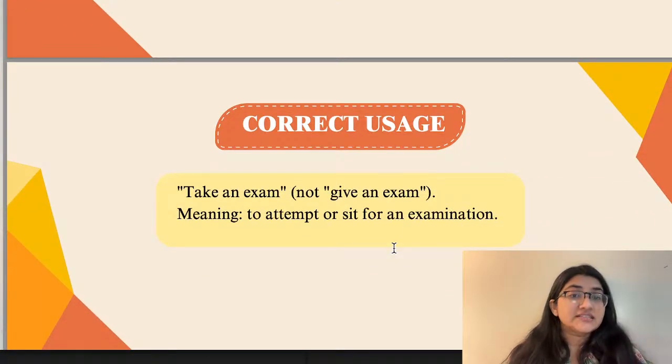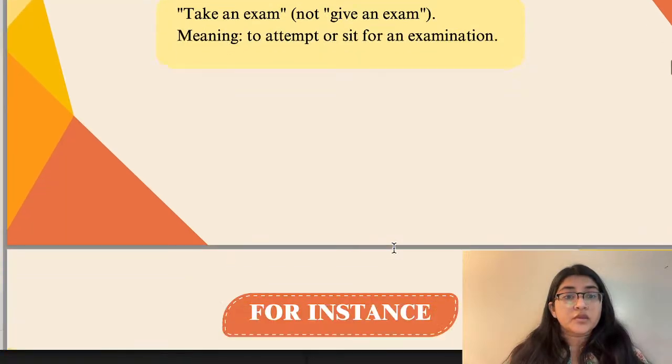So taking an exam is not giving an exam. If at all you are attempting any exam or you're sitting for an examination, then you're supposed to use I am taking an exam. I'm not giving a paper. I'm not giving a test. I'm not giving an exam. But I'm taking an exam, if you are appearing for it, if you are attempting it, if you're sitting for an examination.